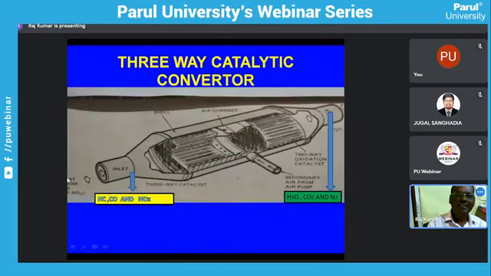So we can see here it is a three-way converter, three chambers are there. This is an inlet from where we can feed extra air to burn the unburnt hydrocarbon in the converter.